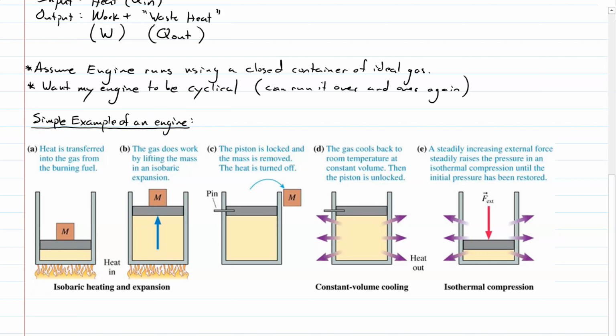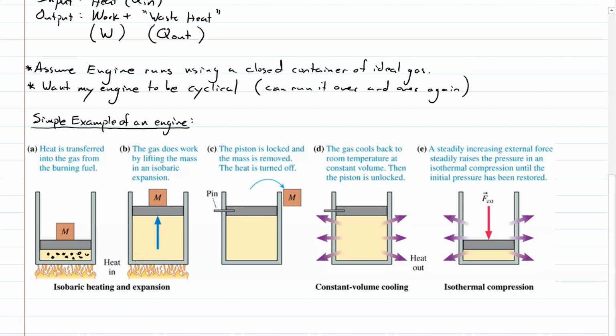So let's take a look at what happens here. Suppose I start here. In this container is the ideal gas. So I've got some gas molecules in there. And I've got a weight on top of the piston as the usual setup, so the piston is able to move up and down. So let's say I add some heat, and the heat is being added at constant pressure, right?